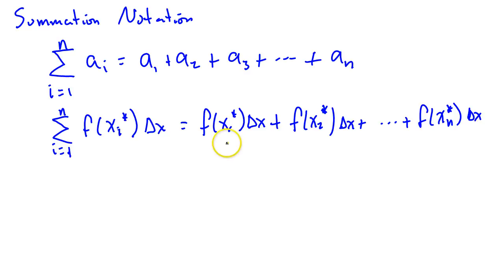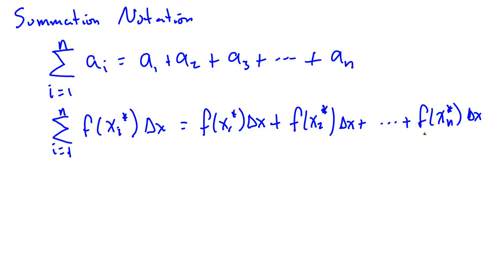And this is what we had in the last video for the summation that estimates the area under the function from A to B. Shorthand notation for big long sums is going to help us out.